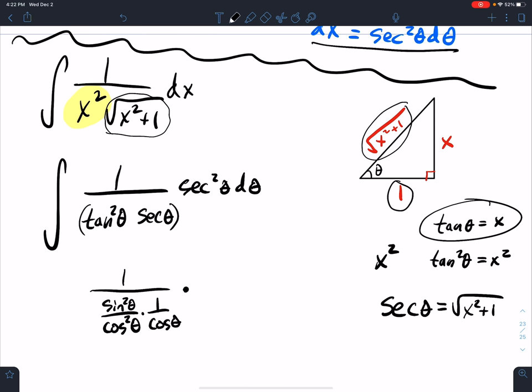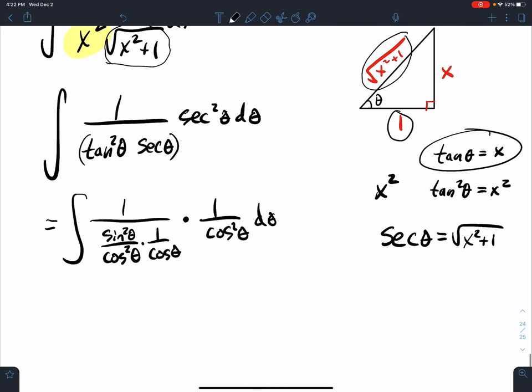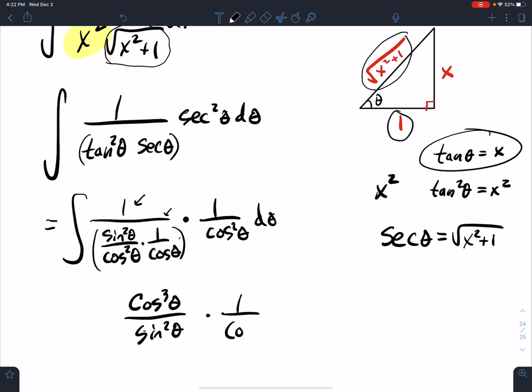And then this is 1 over cosine squared theta d theta, right? And all this stuff is going to flip: keep the numerator the same, change from division to multiplication, and flip the denominator. So on the top I get cosine cubed theta over sine squared theta, and I multiply by that 1 over cosine squared theta there.